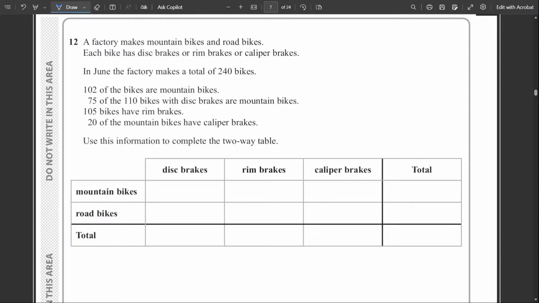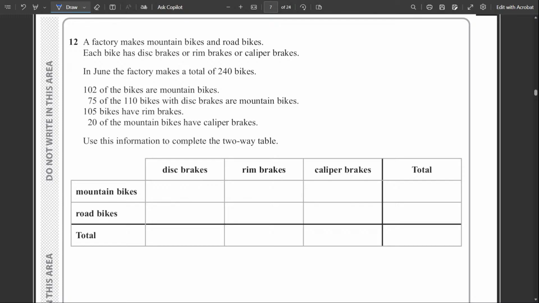A factory makes mountain bikes and road bikes. Each bike has disc brakes, rim brakes, or caliper brakes. In June, the factory makes a total of 240 bikes. 102 of the bikes are mountain bikes. Okay, so we've already got those three different things.